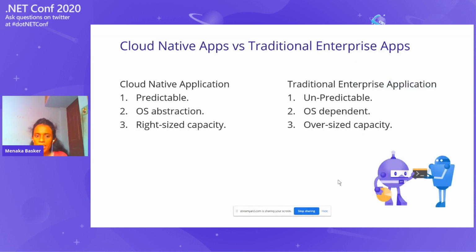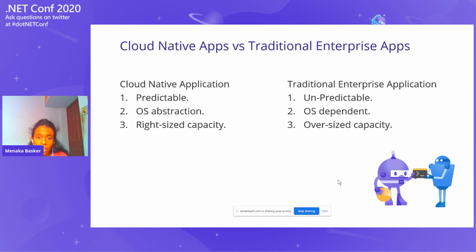Okay, what's the difference, or why do we need cloud native rather than the traditional enterprise application? The main reason is that it's predictable, it has OS abstraction, and it has the right size capacity. If we go with the traditional enterprise, it can be unpredictable. So failures cannot be monitored at the same time, and cannot be predicted.